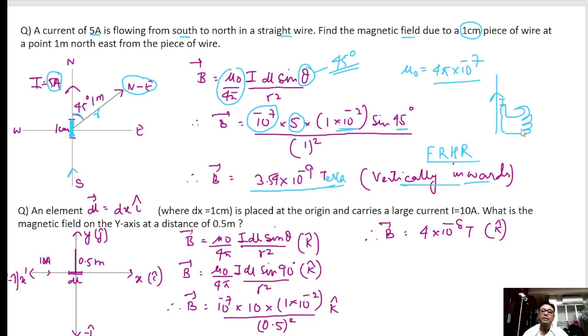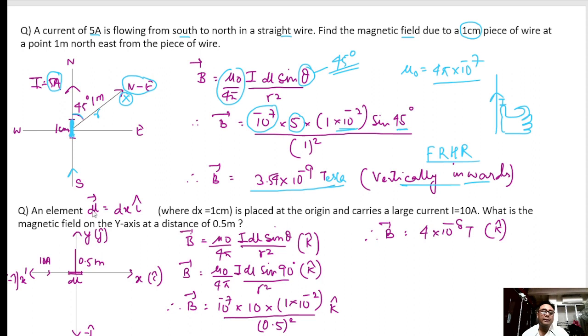So here we can tell that the magnetic field is going into the paper, which is shown by a cross. You have to hold it like this: this is the current, and this is the magnetic field. So the magnetic field at a distance of 1 meter is going into the paper, vertically inwards. Clear?